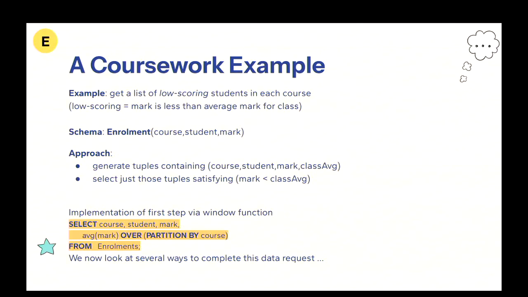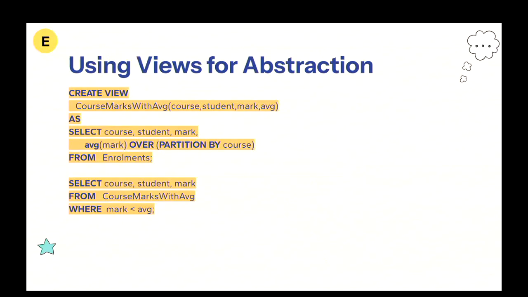Let's go through them one by one. The first one is we can use views to store the temporary information. What we can do here is create a view to store the data we have retrieved from the first step. And this is done like this.